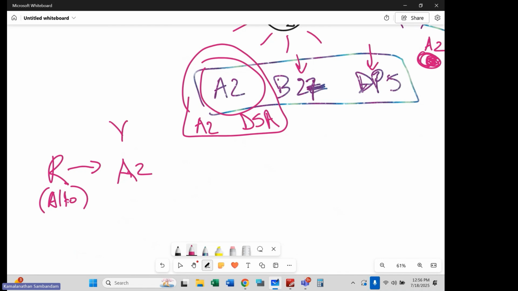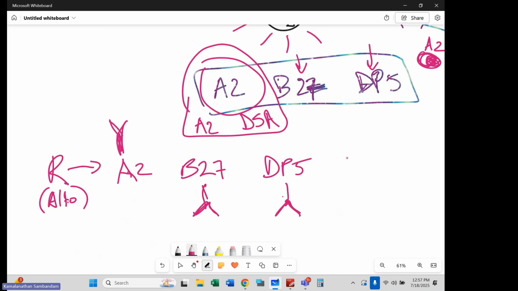An A2 antibody. They are producing a B27 antibody, okay? And a DP5 antibody, okay? These will show up on your Luminex study. The Luminex study will say this recipient has an A2, B27, and a DP5 preformed antibody, okay?